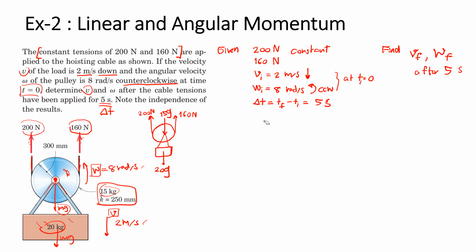From the impulse and momentum equation, the integral of the summation of force by dt equals the change in linear momentum. Let's set the upward direction to be positive.